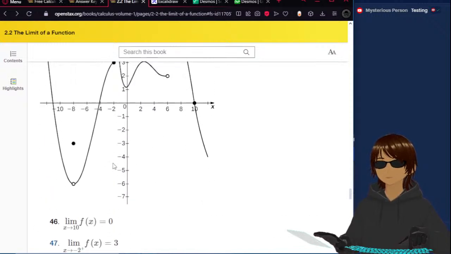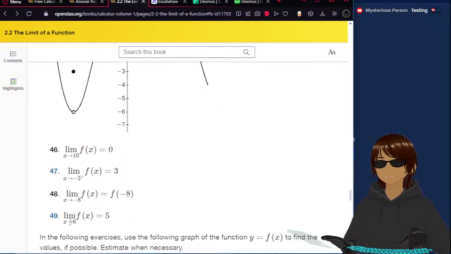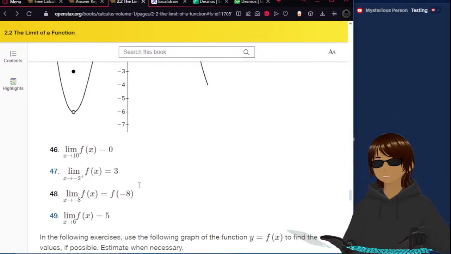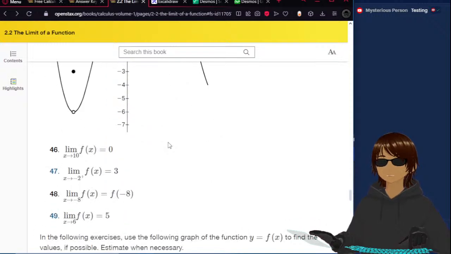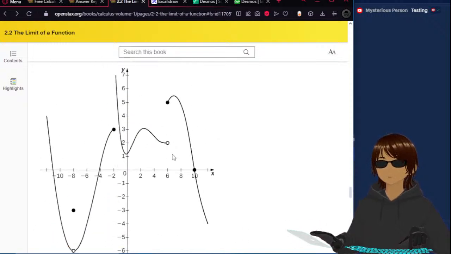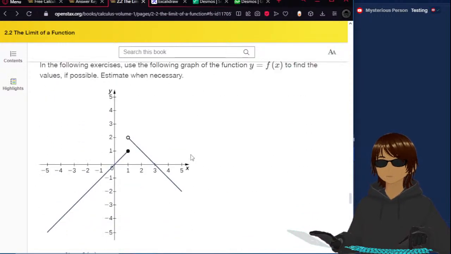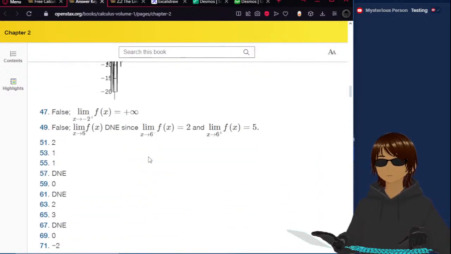Negative 8. Nope, this is false. And x approaches 6. Is it positive 6? Yeah. Then it's 5. Nope, the limit does not exist. False. Okay.